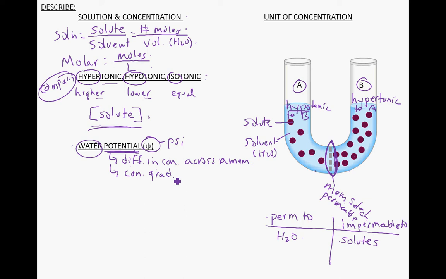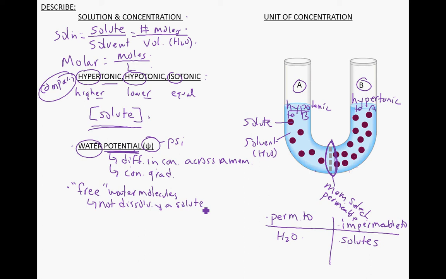So if we go back to our solutions over here, the solution on side A has more water that's not dissolving the solutes, right? Another concept here is you can start thinking of free water molecules. And by free, I mean not dissolving a solute.